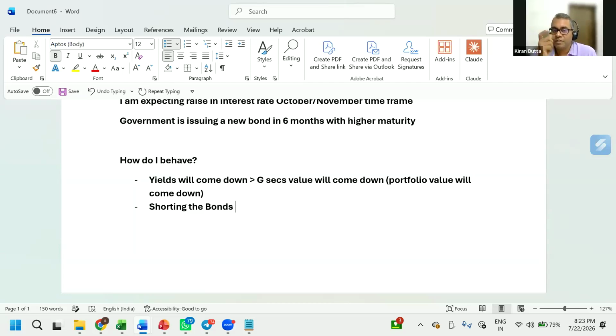In the equity case, the US-Iran war was my external factor. In the case of my GSEC, what is my external factor? My interest rates, right? Because of the interest rate, my GSEC is going to come down. So what am I going to do here? Sell. That's it. Sell government bond futures.